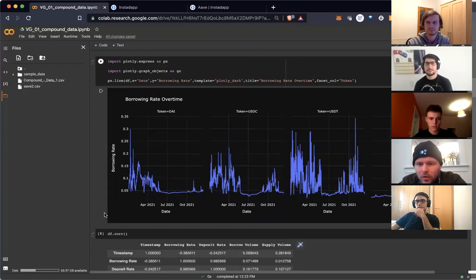I don't know how much that will aid us in time series prediction, but I still think understanding the data on a more granular level would help as well. But I agree, it'd be really cool to see the interplay between rates on two different protocols, especially ones that are of similar size like this.